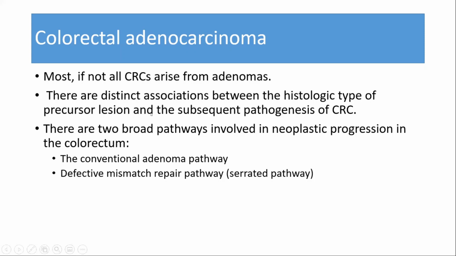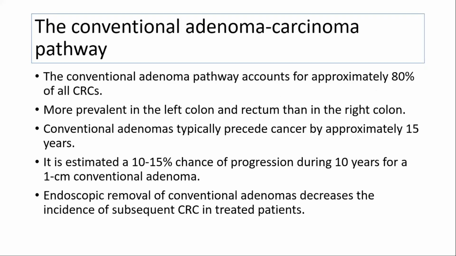Because of this, we can discuss the pathogenesis of colorectal adenocarcinoma in two pathways. Number one is the conventional adenoma-carcinoma sequence or pathway, and the second one is the alternative serrated pathway or defective mismatch repair pathway. The first one is the conventional adenoma-carcinoma pathway, and this accounts for about 80% of all colorectal cancers.